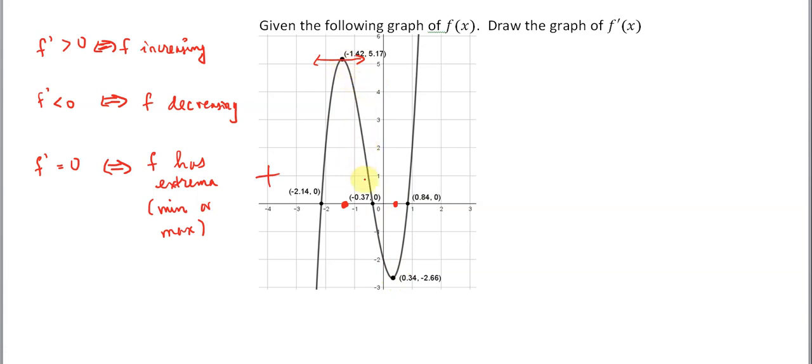From this point up here, all the way down to this point, this is decreasing. So when f is decreasing, f prime must be negative. So in between these two dots, f prime is negative. And then to the right of 0.34, f is increasing, so that means f prime must be positive.